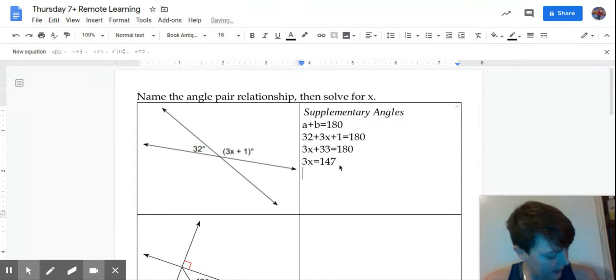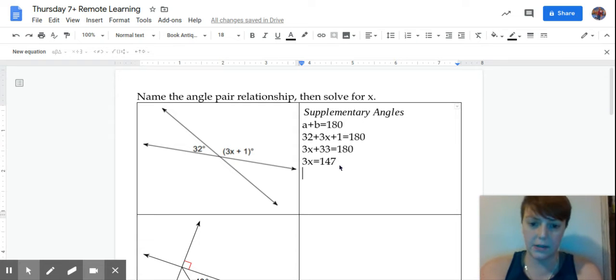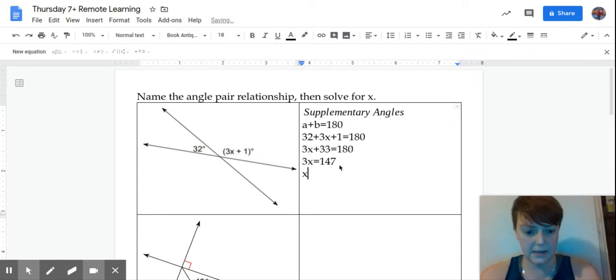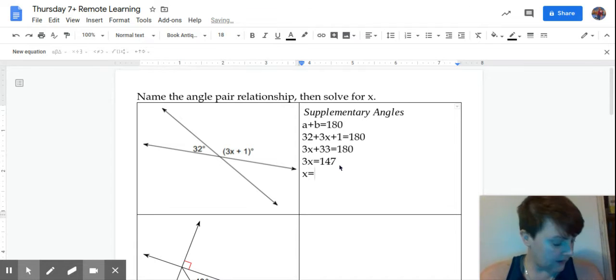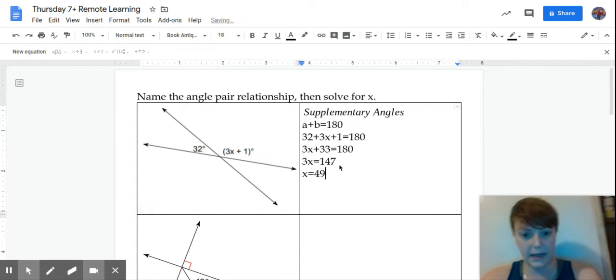And then we're going to divide by the number touching x. So we divide on this side by 3, and 3 divided by 3 is 1, so just 1x. And 147 divided by 3 is 49. And so x is 49.